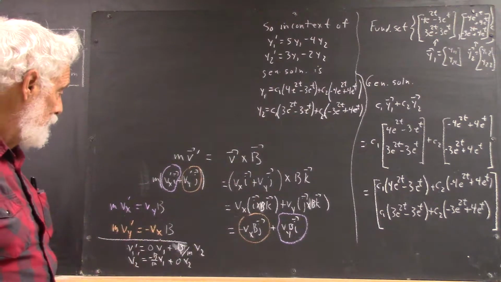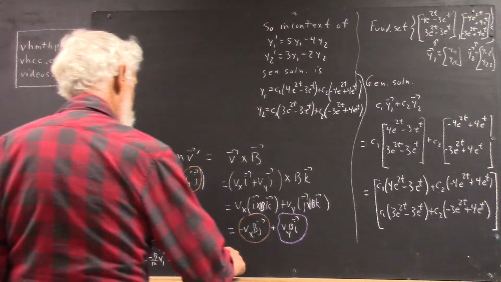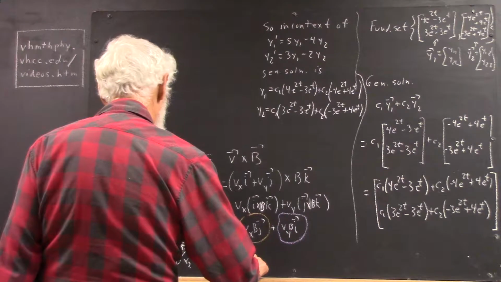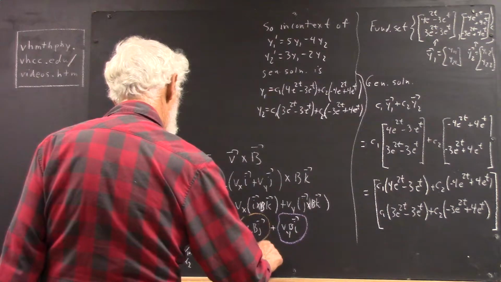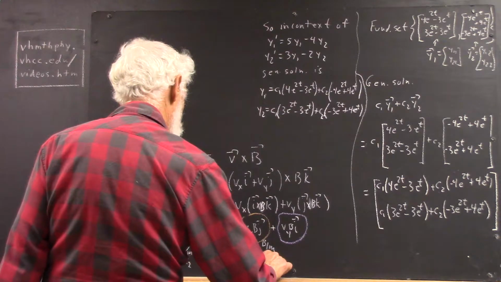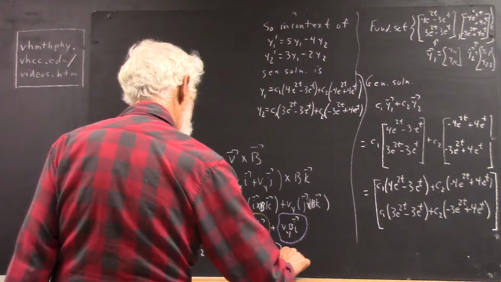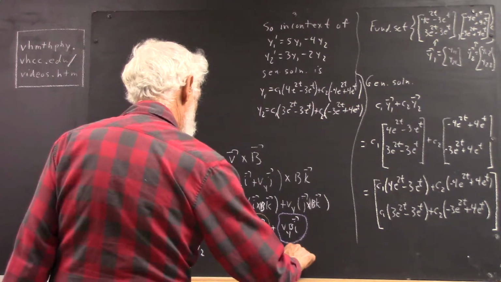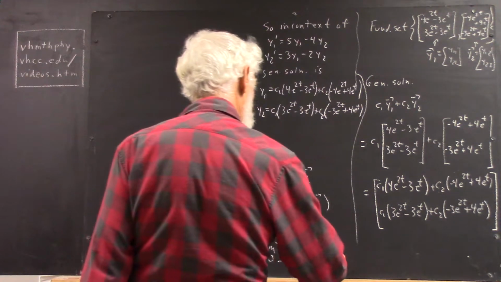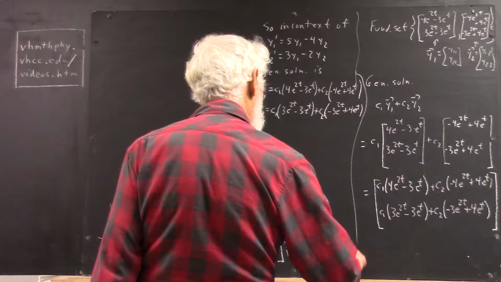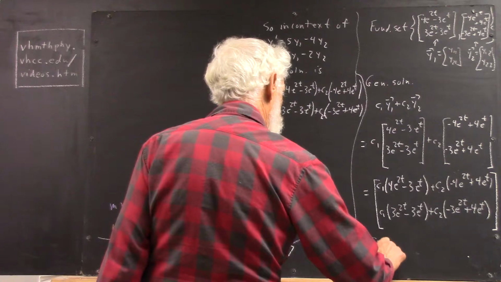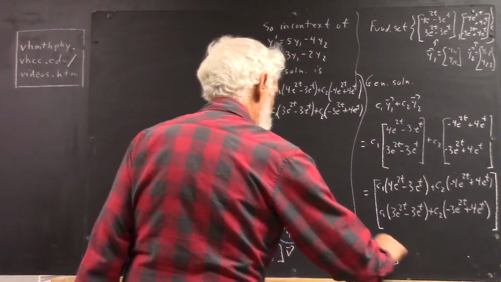Now the whole system could be written as V prime equals the matrix 0, B over M, negative B over M, 0, times V, where V is V1, V2, or if you want to keep it in x, you could say it's Vx, Vy.